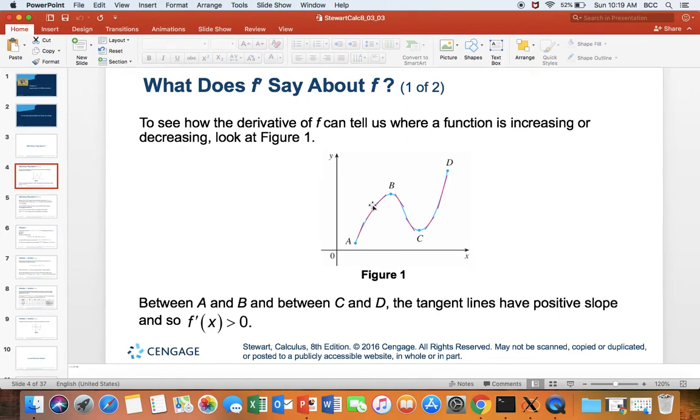That is, the derivative is positive there. When it's increasing, the derivative is positive. On the other hand, between B and C, you're decreasing, so the derivative has to be negative.